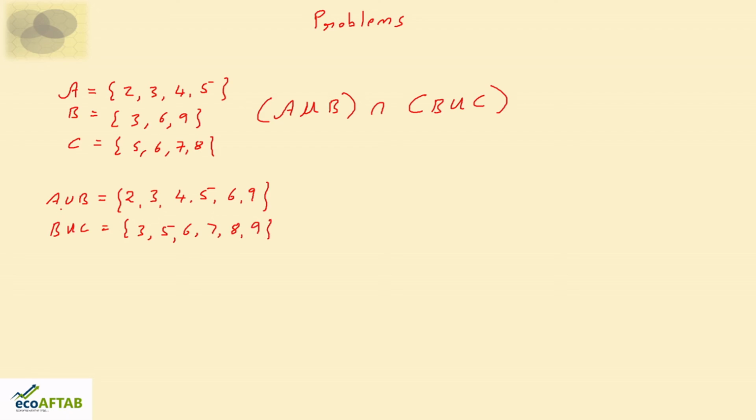So we got A union B, and we got B union C. A union B is 2, 3, 4, 5 and B union C is 3, 5, 6, 7, 8.